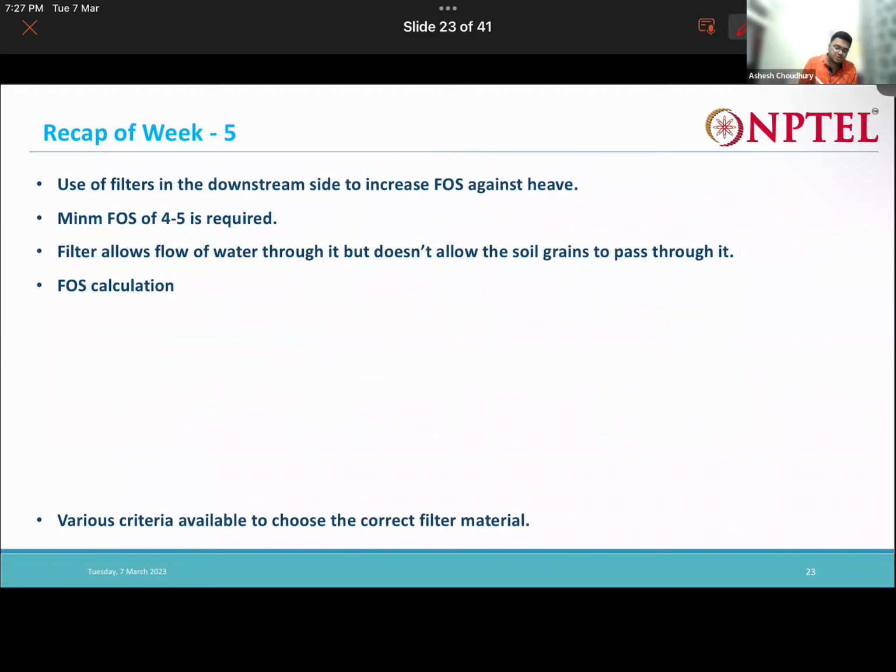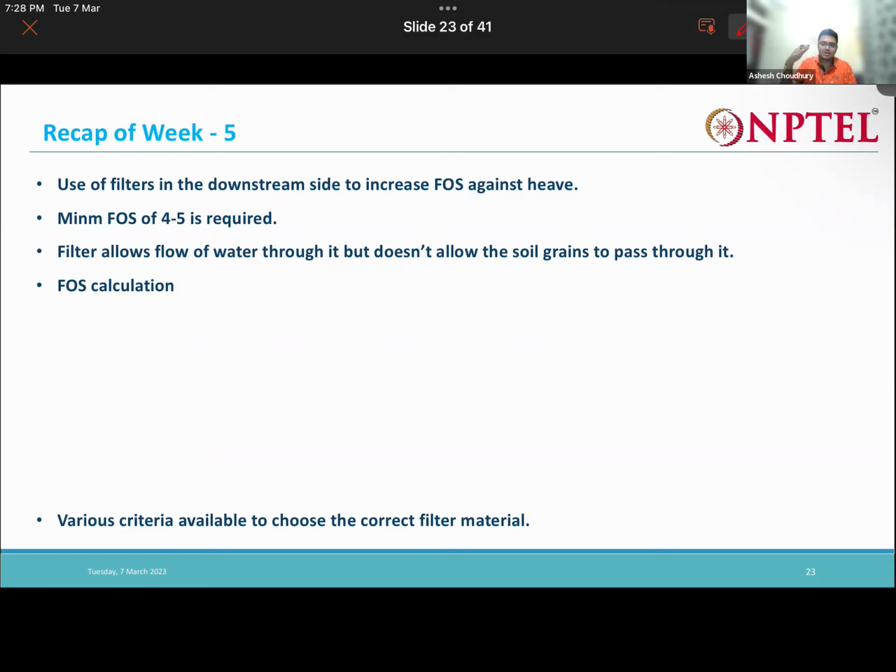Now filters are used on the downstream side to increase the factor of safety, as we discussed. The filter allows water to pass but does not allow the soil to pass. If you don't have the filter, the soil will also get eroded along with the pressure of the water, which will cause heave of the soil.